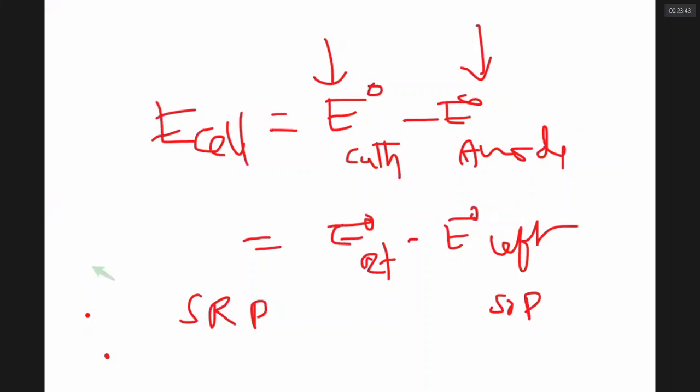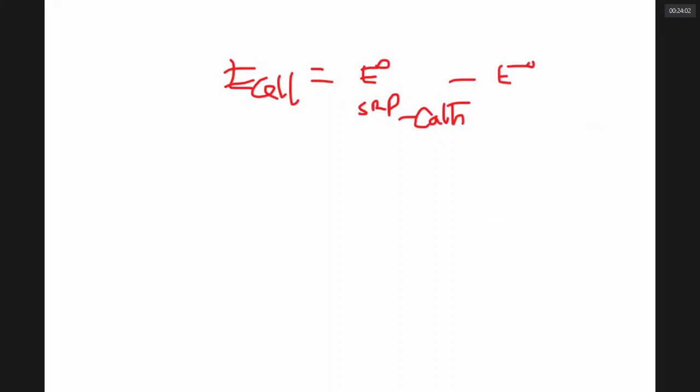So this is an IIT Mains question. Which of the following is the correct relation to work out the cell potential? The first option given is E cell is equal to E0 SRP of cathode minus E0 SRP of anode. Is it correct or wrong? Sorry, it is correct.